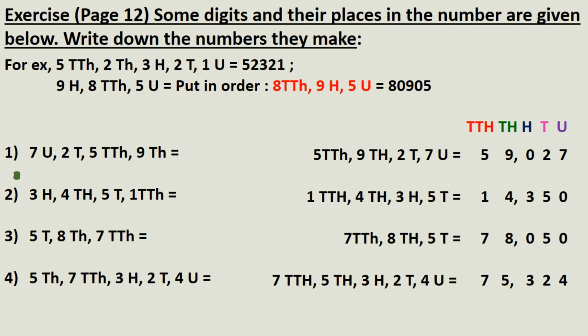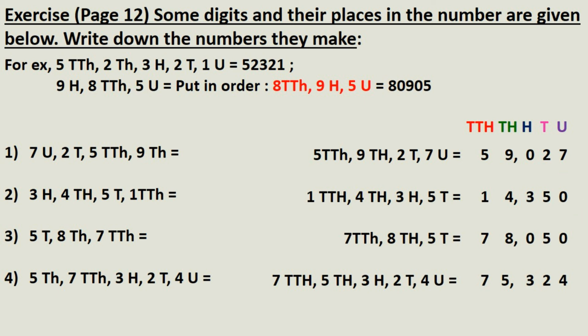Now the second sum is 3h, 4th, 5t and 1tth. So we arrange 1 10,000 in the first place, then follows the thousand place, which is 4, and hundreds place 3, 5 place tens, and nothing in units, so it's 0.